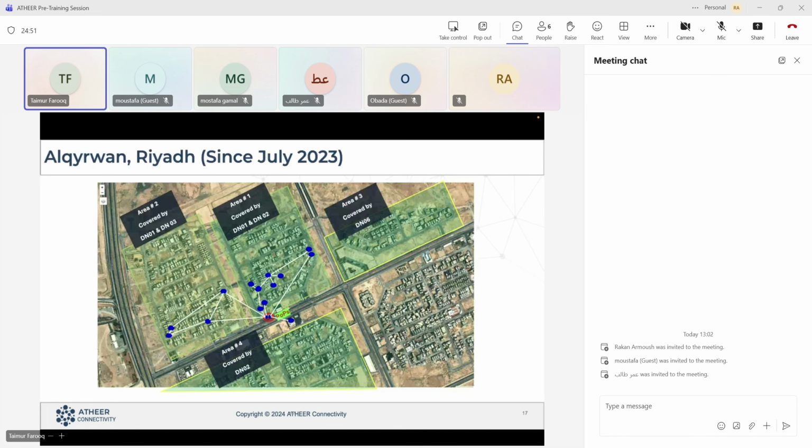So just to give you a couple of flavors of the projects that we've done. This is one project in Kairawan for Zain and STC. This is specifically used for home broadband connectivity. So we have one POP. After that POP, this whole green area is covered through our signals, because if you look at it from here to here, we're looking at 1 kilometer maximum.